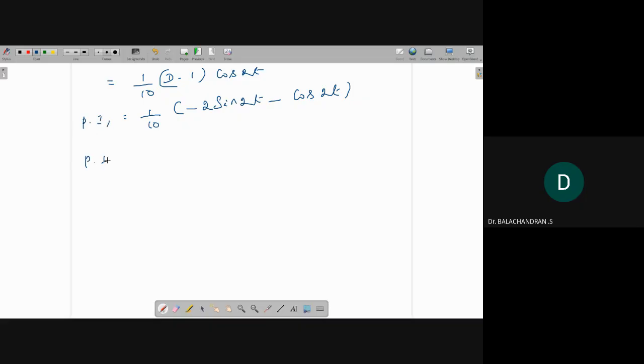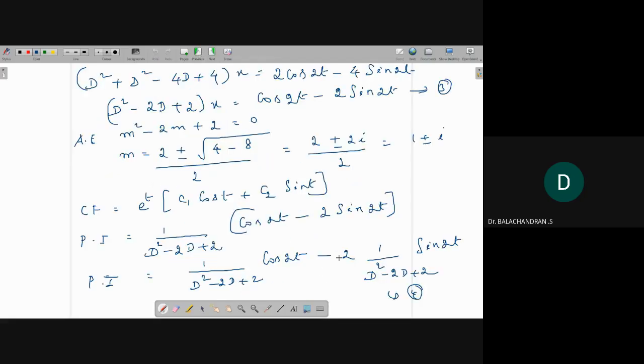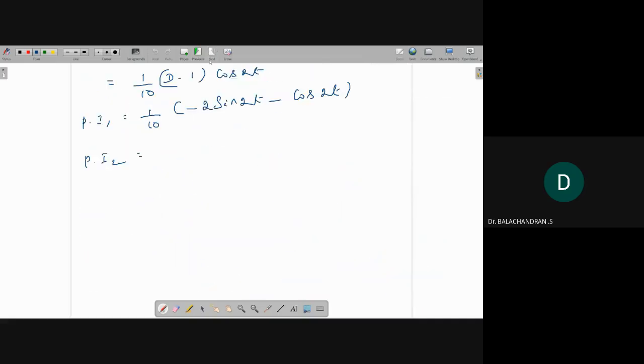PI2. PI2, I will take plus 2 sin 2t by (D square minus 2D plus 2). Finally, I will subtract it. So 2 into 1 by (D square minus 2D plus 2) into sin 2t. So anybody got the answer for this? Okay. So 2 into D square is what?